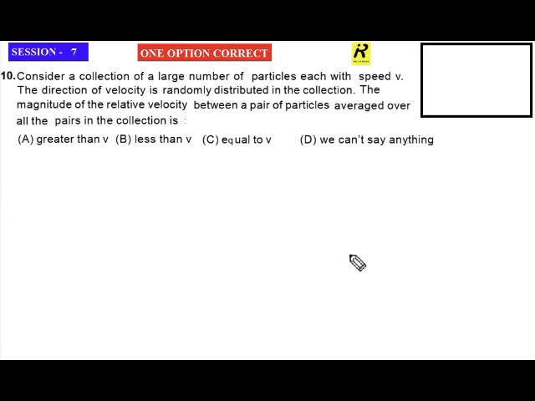So I can rewrite this average relative velocity as 2v divided by pi, keeping the negative sign, into minus cos theta by 2. If I put 2 pi, it will be simply pi, and minus of minus is plus cos 0. So this will be the whole term.